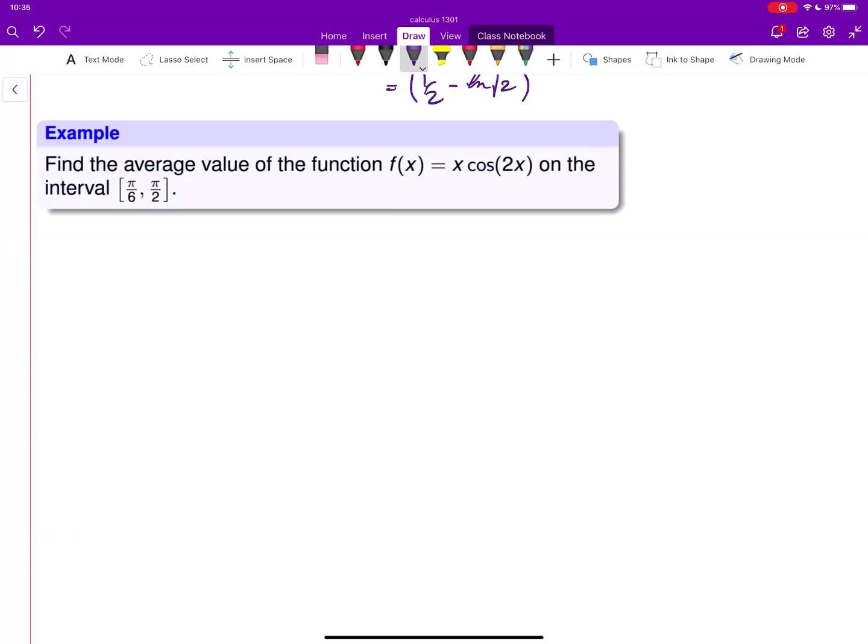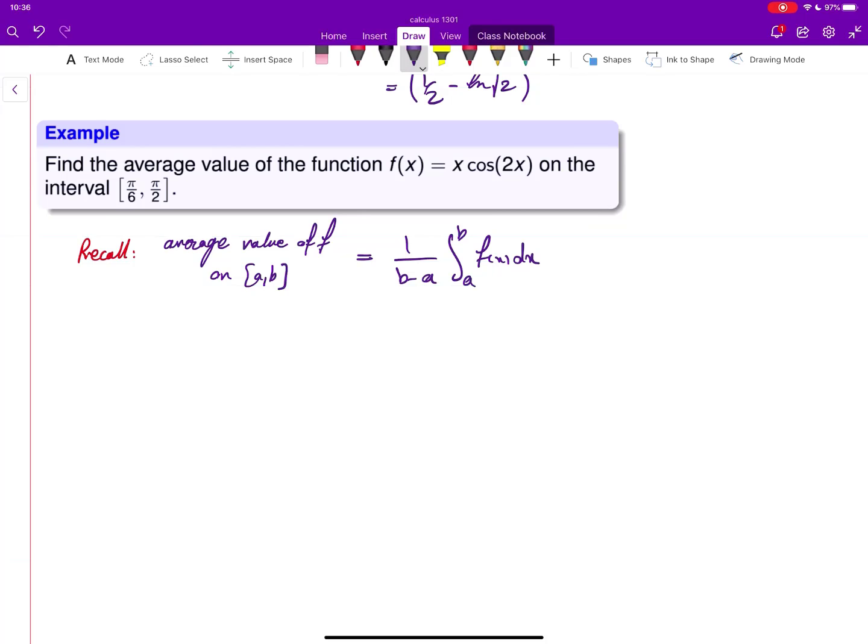So first thing to recall is that the average value of an integrable function f on interval ab is this number, 1 over the length of the interval times the integral of the function on the interval.